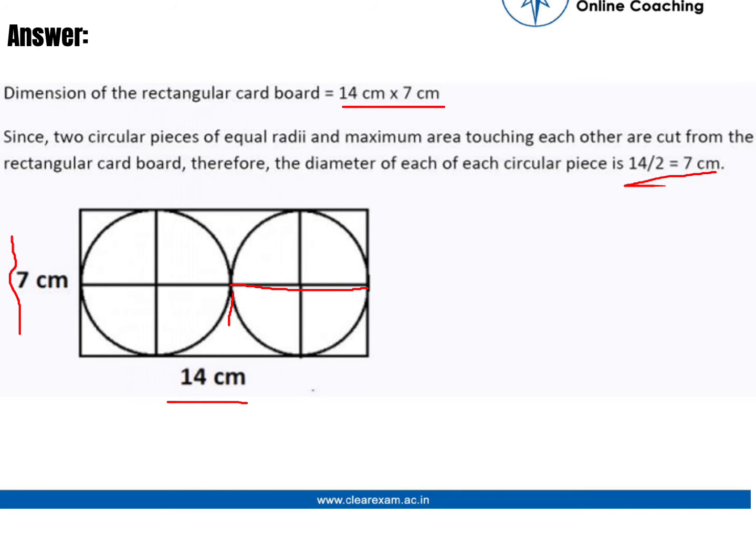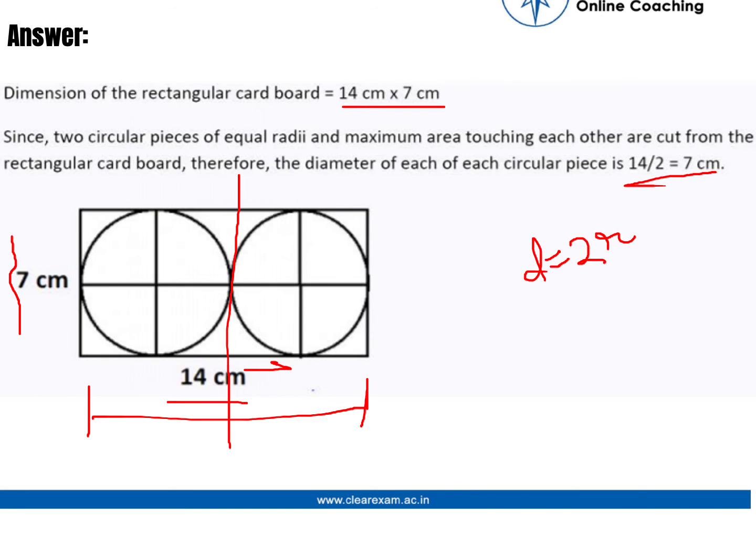First of all, diameter equals 2r. This whole part is the diameter, and we have to find the radius, this part r. The whole length here is 14, and since the circles are equal, this part will be 7.